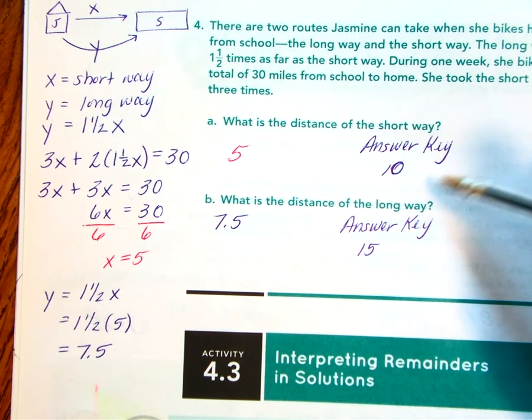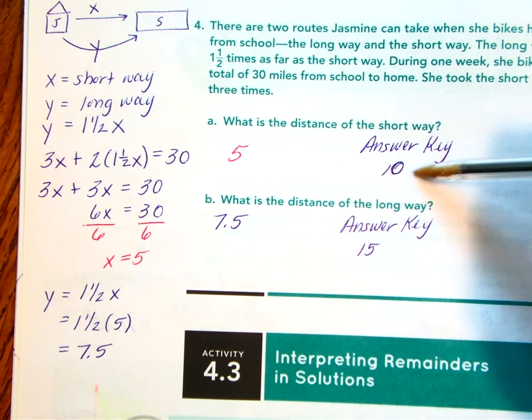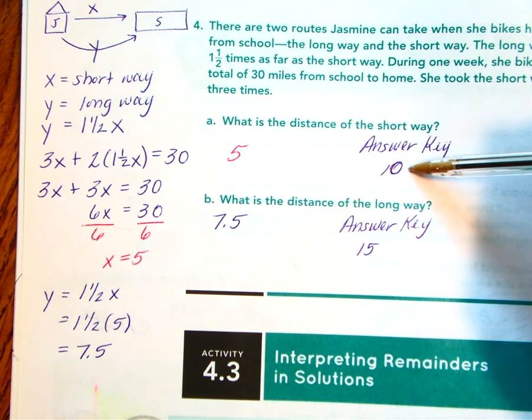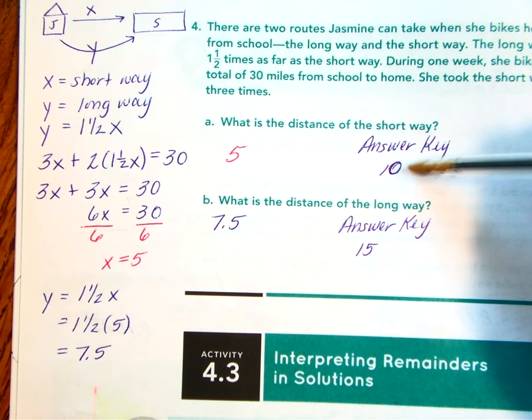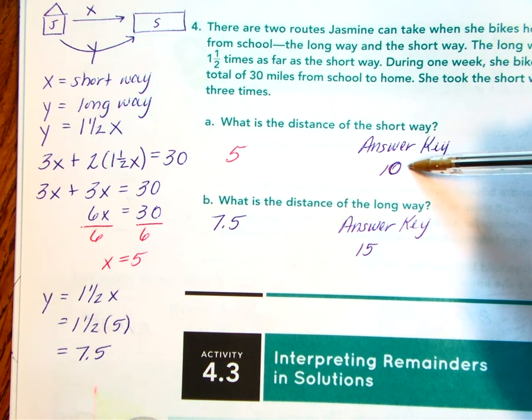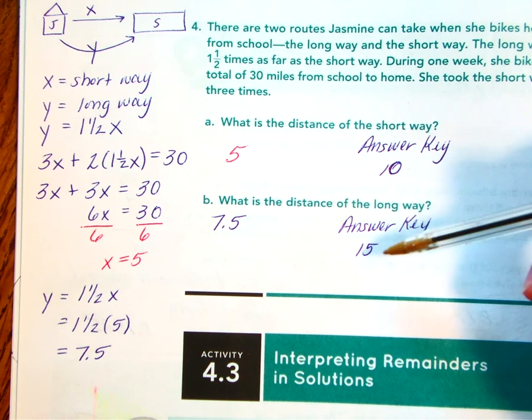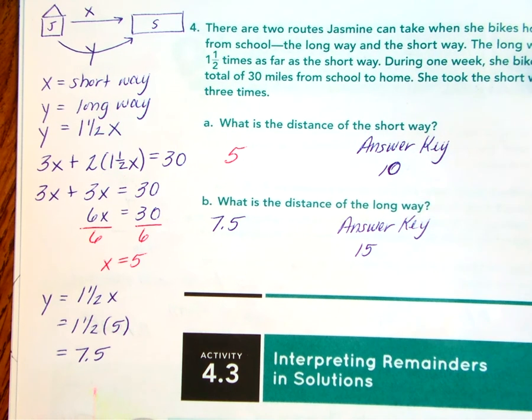For me, that was hard, because if she went the short way 3 times, and she only rode a total of 30 miles for the entire week, this wouldn't add up. That would be 30 for her 3 times, and then another 30 for her other 2 times, and that would be 60. I was like, she didn't go 60 miles.